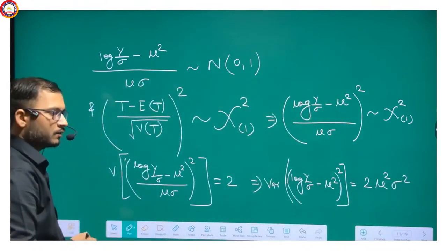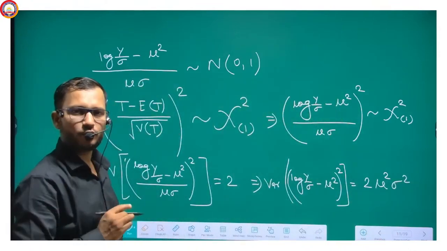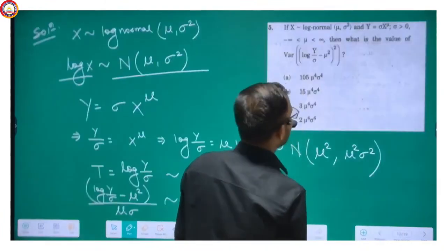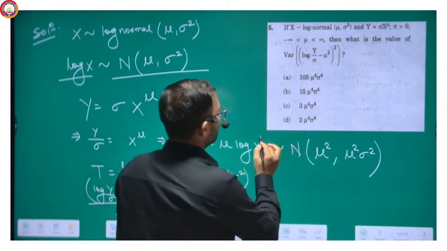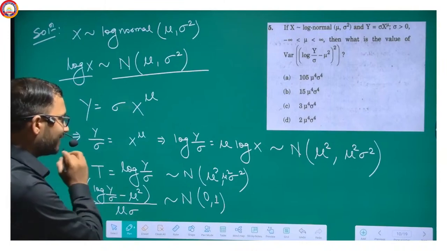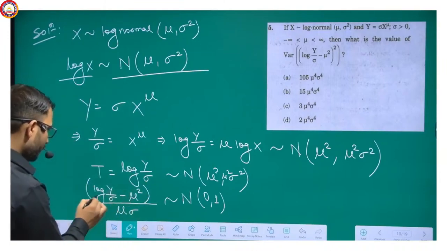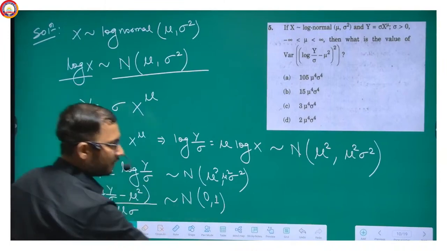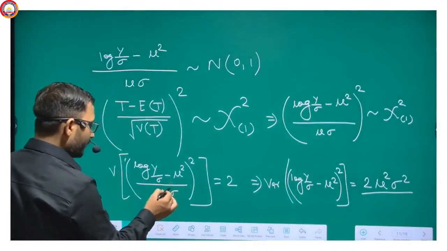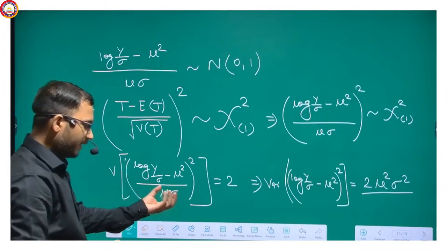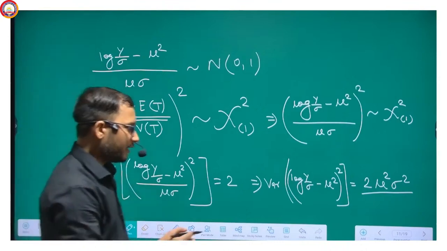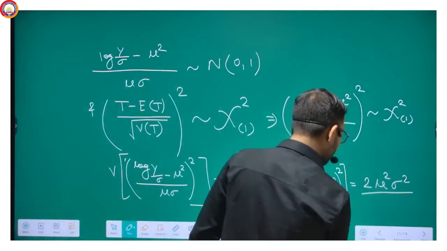Isn't it? So is it given as the solution? Let me check. 2 mu square and sigma square. Sorry for that, because this is here given, this is not the same, this is actually given. Okay, yeah, see here, this is mu square sigma square, and when we take it out, the variance will be applied on it, and so it will be mu to the power 4 sigma to the power 4.